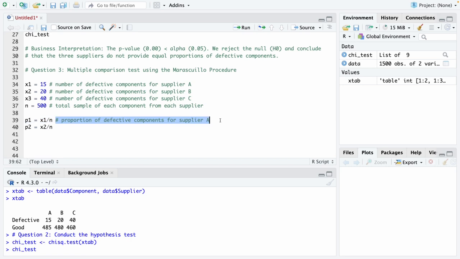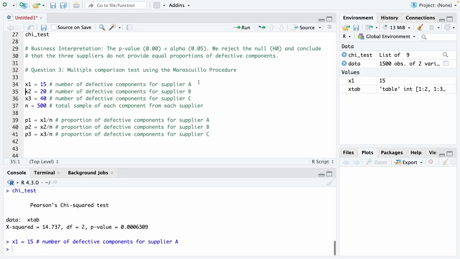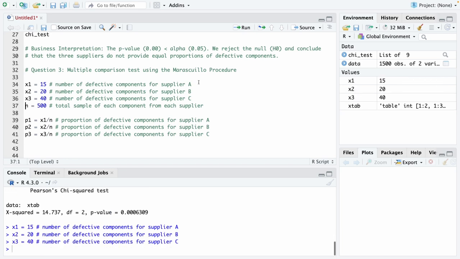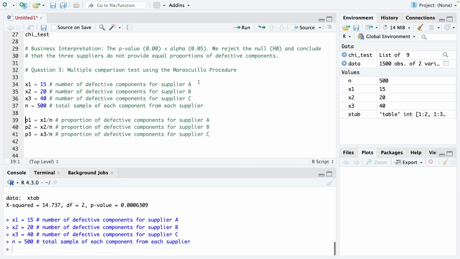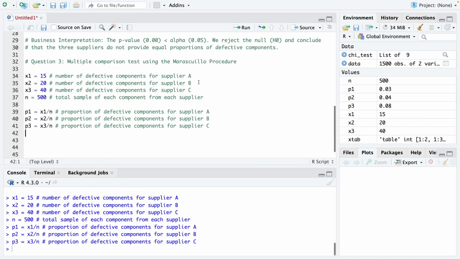So I could just take this, put it there, change to B, and then P3 will be x3 divided by n. So this would be C. So let's run this. You can see all of our proportions here: 0.03, 0.04, 0.08. We'll need all of these numbers when we start doing the comparison.